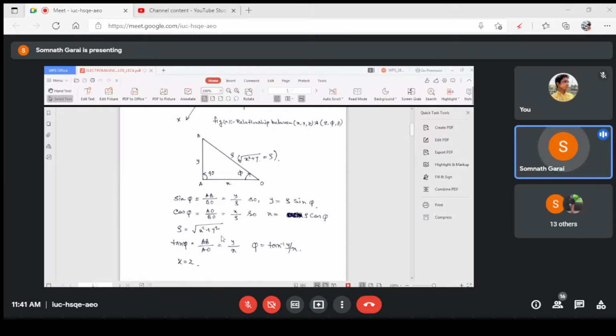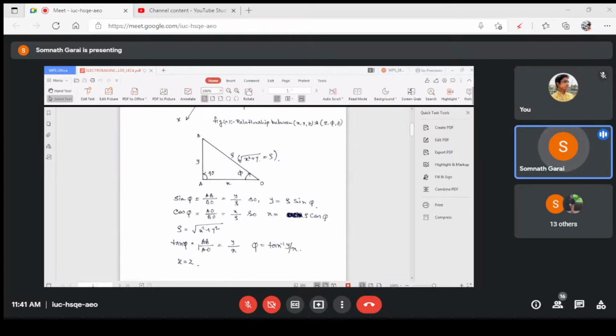Now we determine the second coordinate of the cylindrical coordinate system, that is phi. If we determine tan phi in this triangle, tan phi is equal to AB by AO, perpendicular by base.